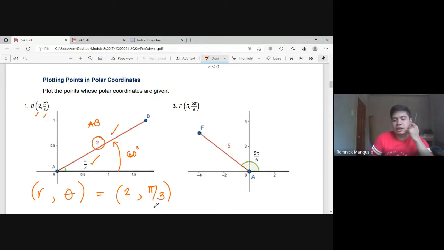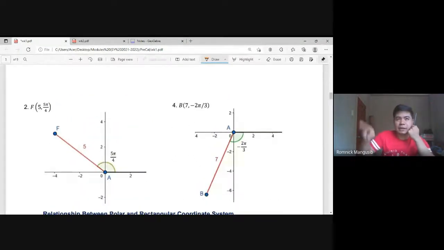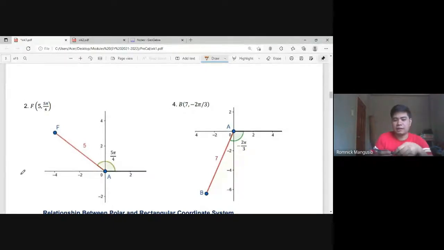And you should also take note, class, that angles may also be clockwise or counterclockwise, just like in number 4. The angle here is clockwise, and it is indicated negative. So whenever you see a negative angle, that means a clockwise rotation. So negative 2 pi over 3 is the angle formed. Okay, and how do we know that in degrees? Negative 2 pi over 3 is negative 120 degrees.